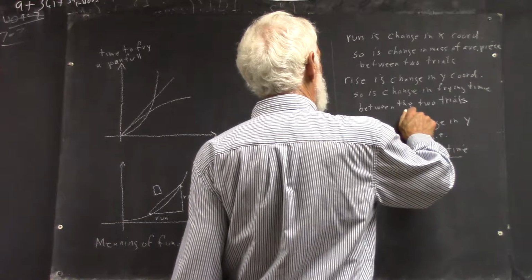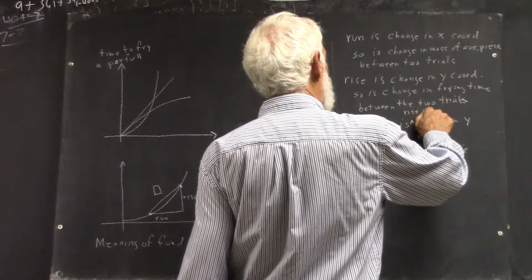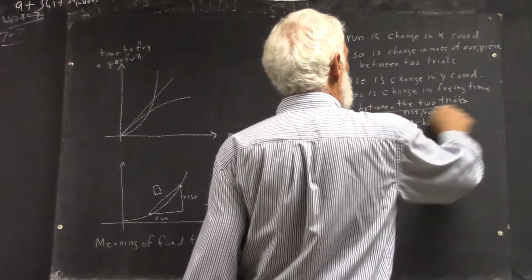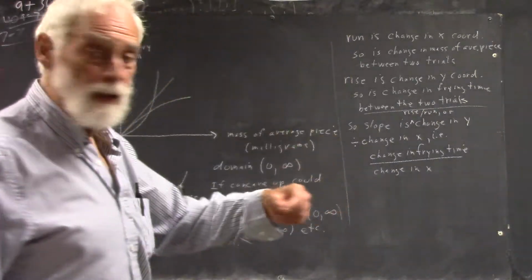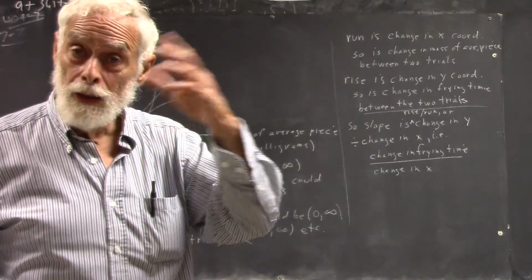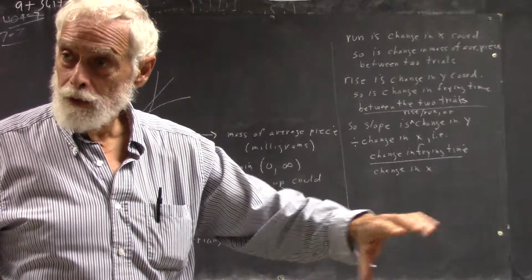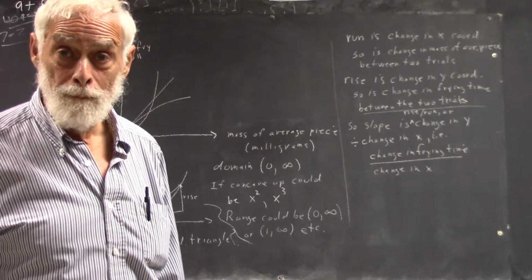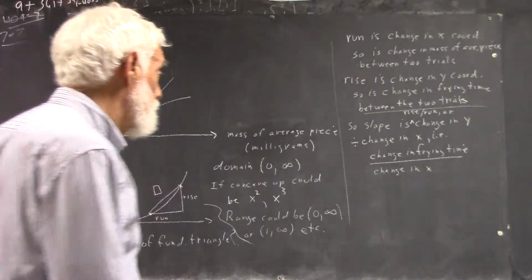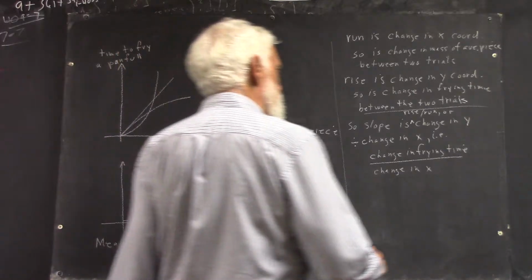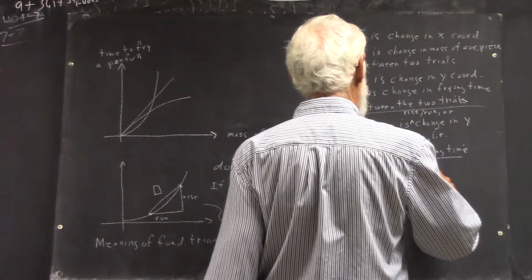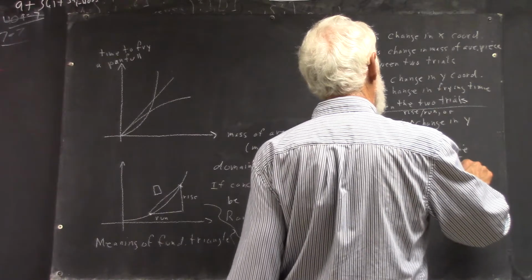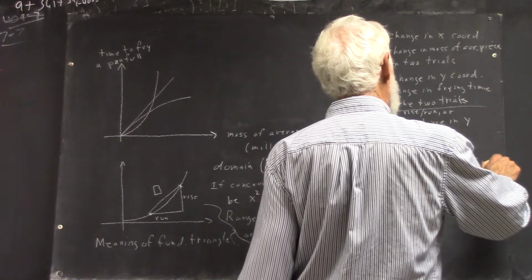And I probably should say it's rise divided by run, or change in y divided by change in x, or change in the frying time divided by change in the average mass of the piece, okay? So it's a change in average mass of the piece.